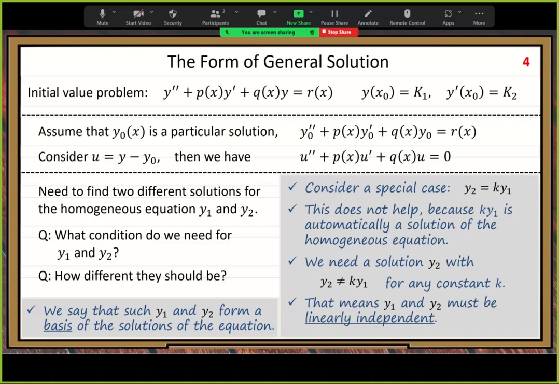Here, second order. So we want to find two special solutions, but these two special solutions should satisfy certain property. Not arbitrary. Arbitrary, we may have problem. So we want these two solutions can represent all other solutions. These two, how special they are, representatives.